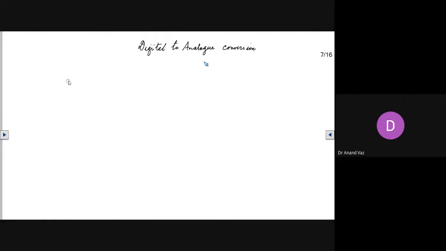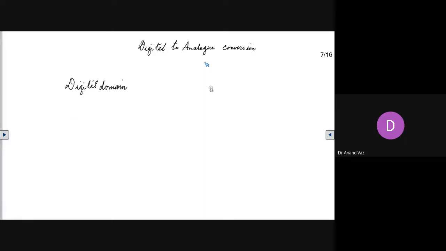We have one domain, which is the digital domain. Now in this digital domain, we just have either numbers, or digits, or zeros and ones, or true or false. So this is our digital domain. This is the domain which the computer can understand.